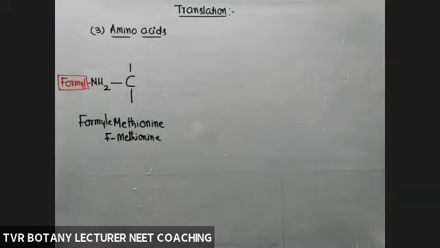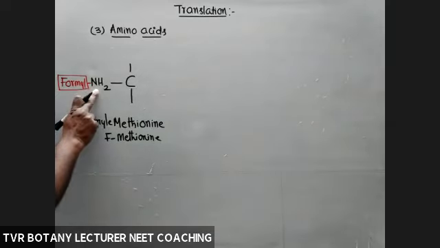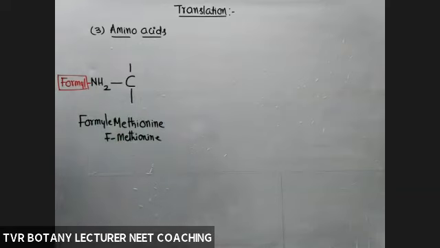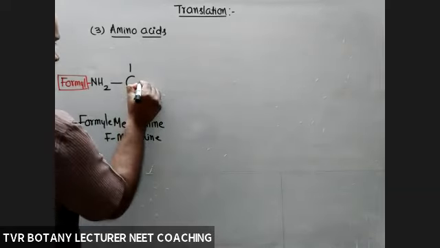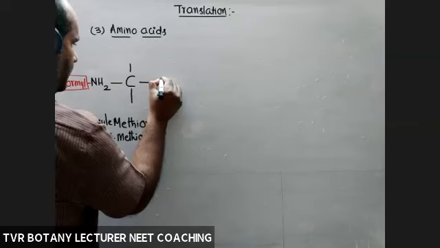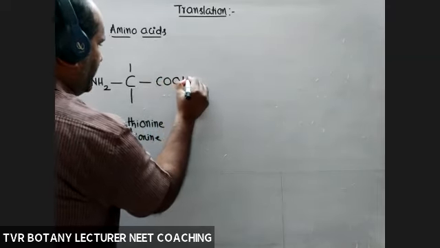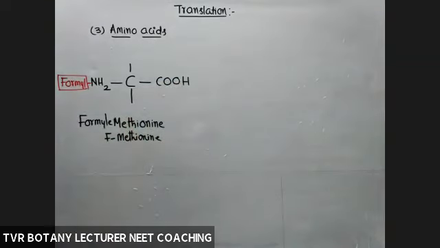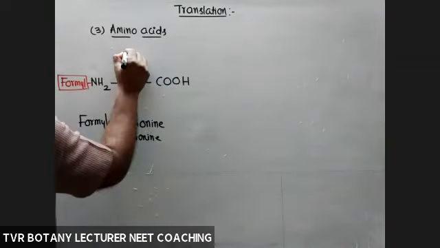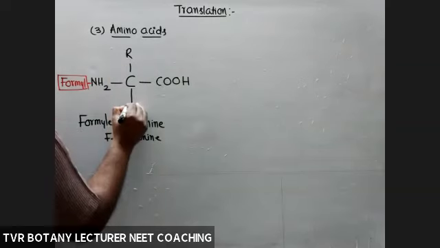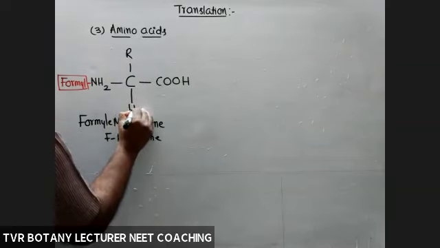As the formyl group is attached to the amino group, it is not suitable for peptide bond formation. So that's why, out of the first amino acid, only COOH is available for peptide bond formation. And this is the R group, variable, and hydrogen.